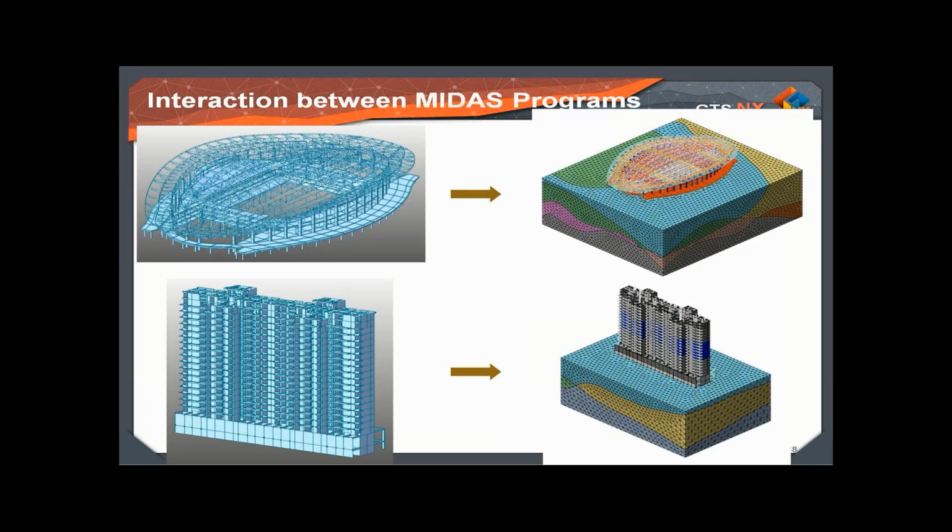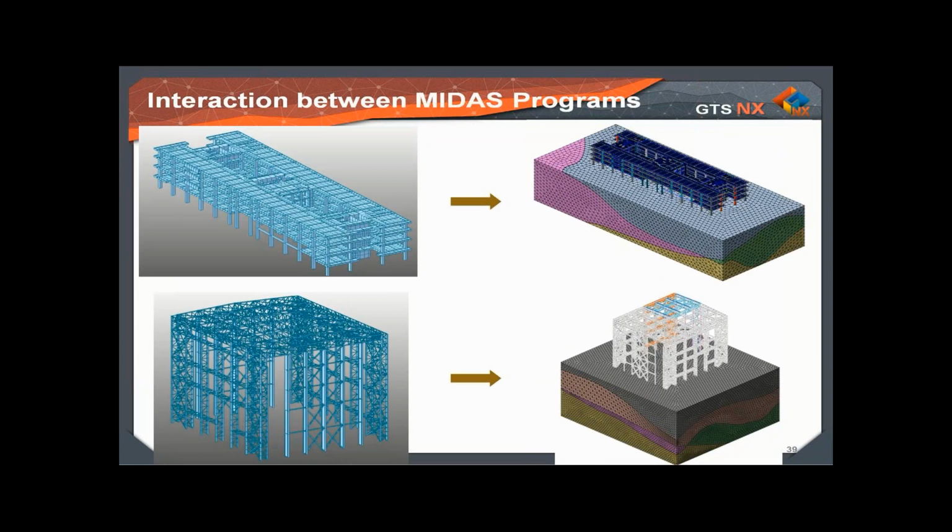This is some real project application between MIDAS programs. On the left-hand side, you can see the building, a structure model, and you can import it into GTS NX. Then you can proceed with your ground modeling finally in GTS NX. And the similar structures.